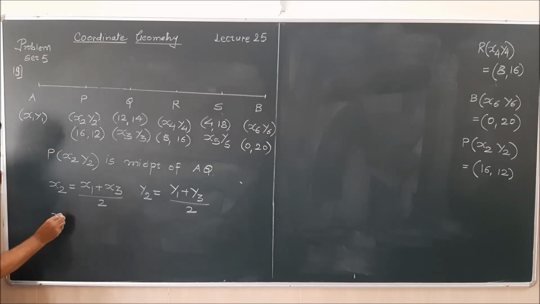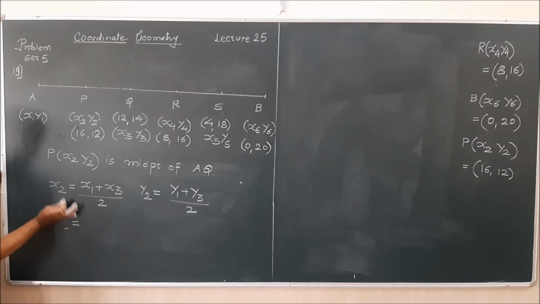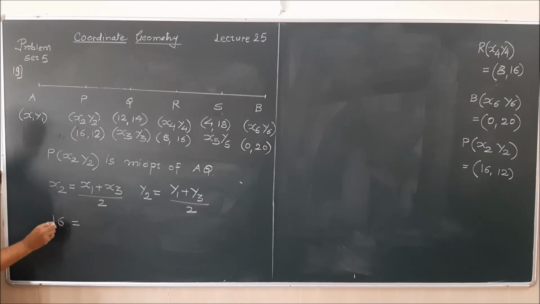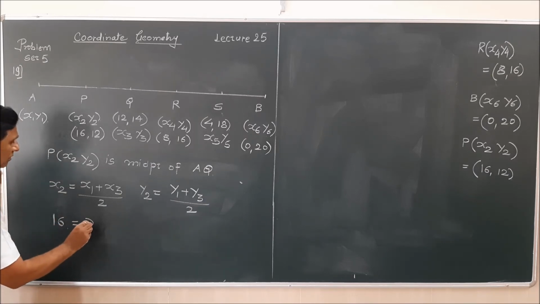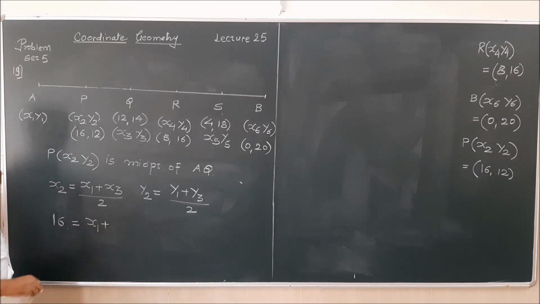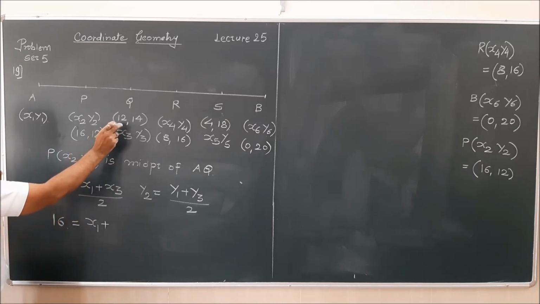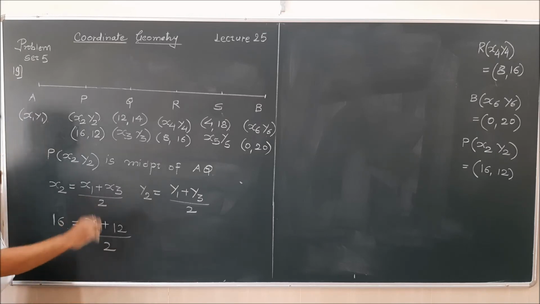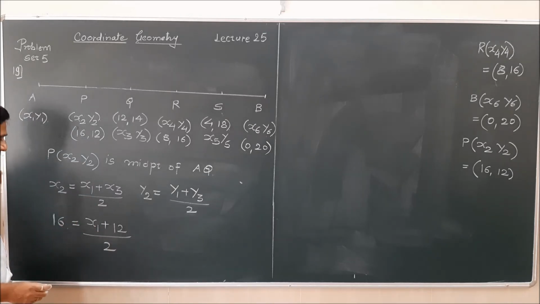Now simply substitute the values. We know the value of x2, which is 16. 16 is equal to x1, we don't know, plus x3, but we know the value of x3 as 12, upon 2.